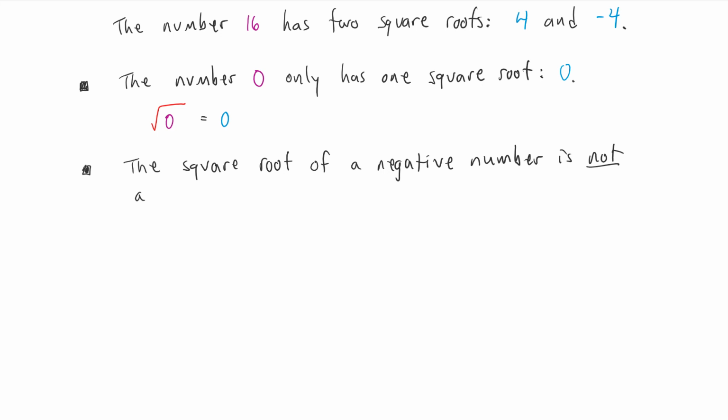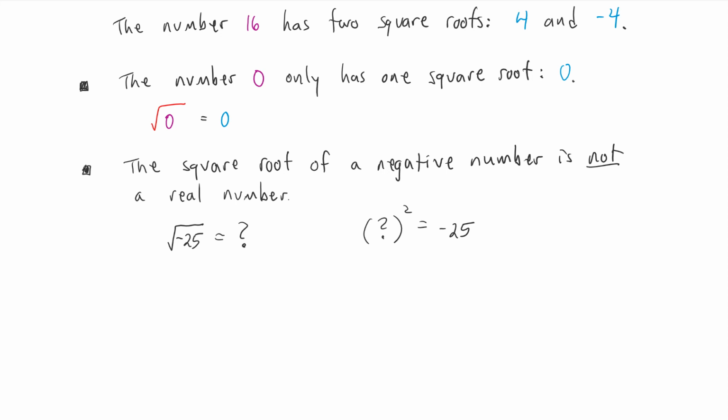The square root of a negative number is not a real number. So if you're asked to find, say, the square root of negative 25, what would that be? Well, it turns out it wouldn't be any number we've ever heard of. There is no number that when you square it comes out to be negative 25. When you square any number that we know of, it never gives you a negative answer. If you don't believe me, get out your calculator and try it.